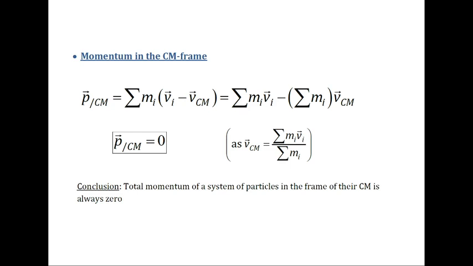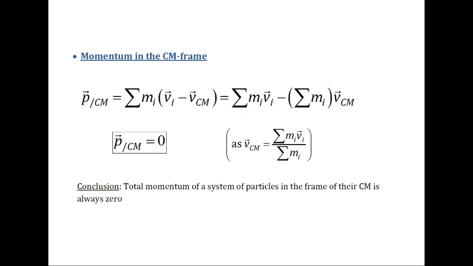In this case, if you want to write the momentum in the CM frame, it is quite intuitive that it will be the summation of their individual momentum. So we write down the momentum of each individual particle, which is its mass, mi, times its velocity in the CM frame.